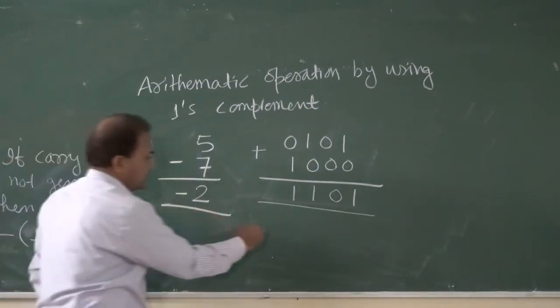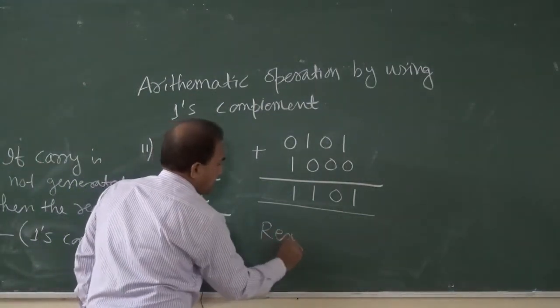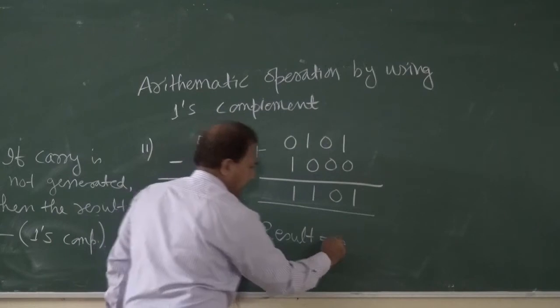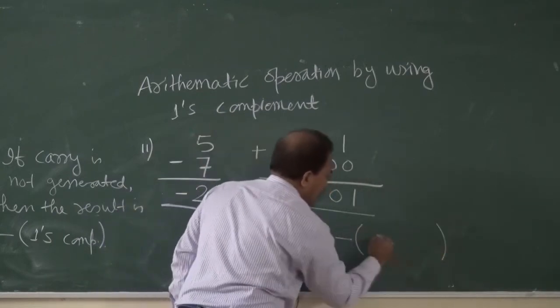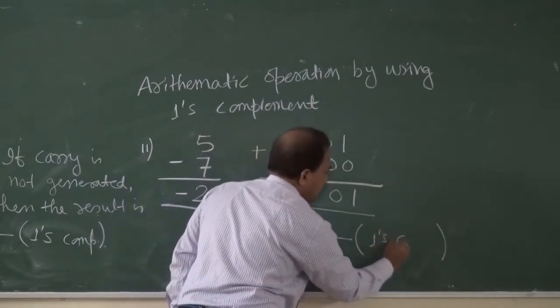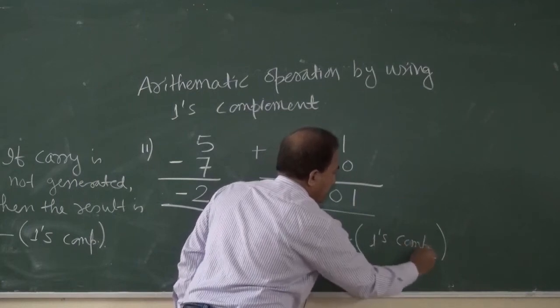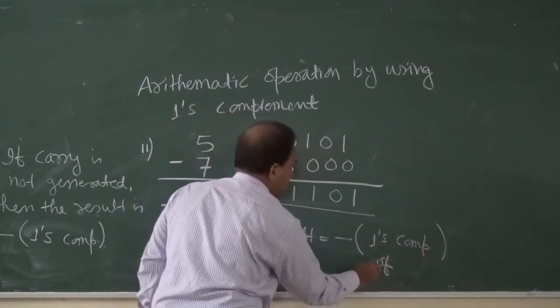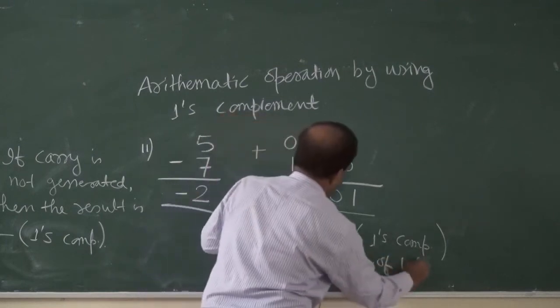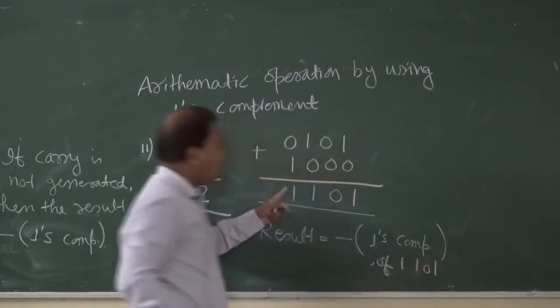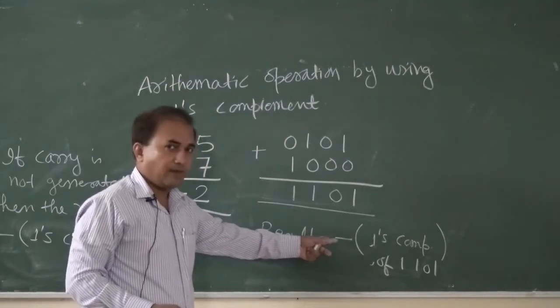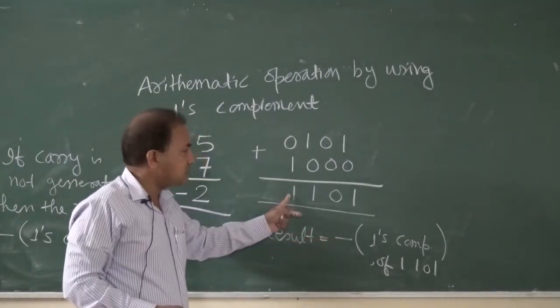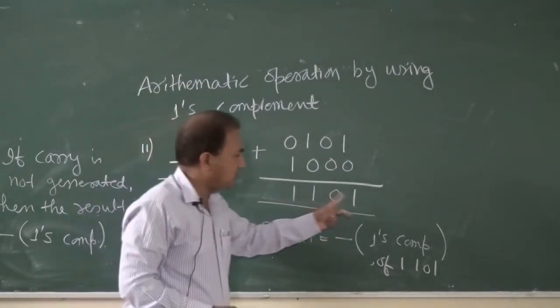So your result is negative, and one's complement of 1, 1, 0, 1. You have to write negative, and one's complement of 1, 1, 0, 1.